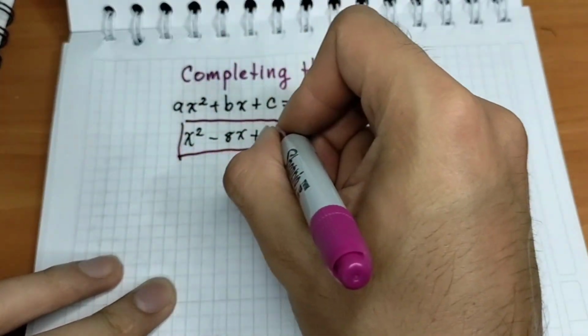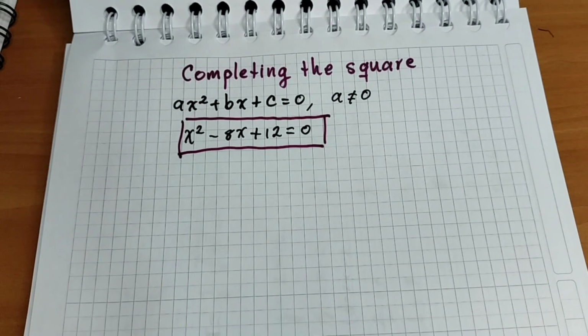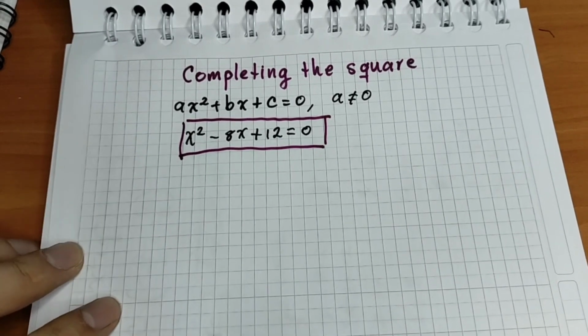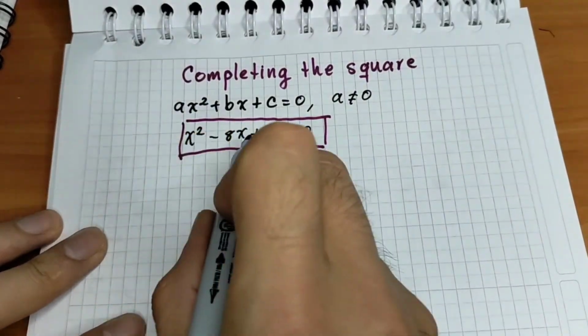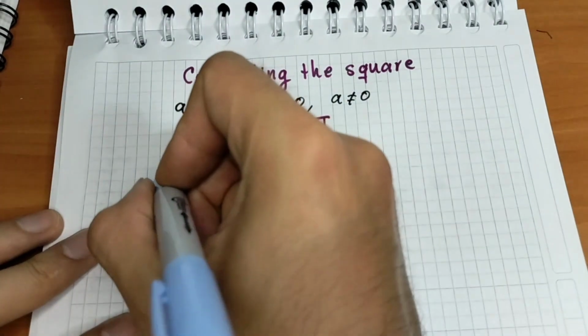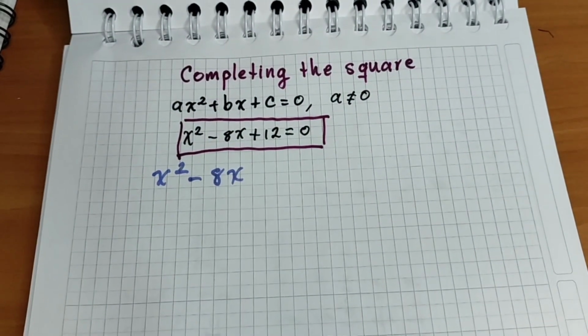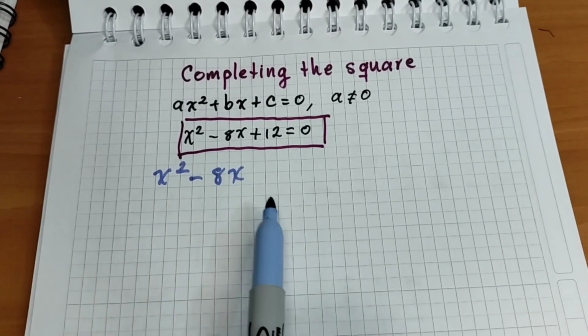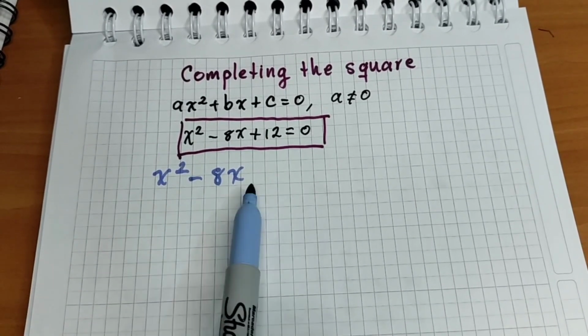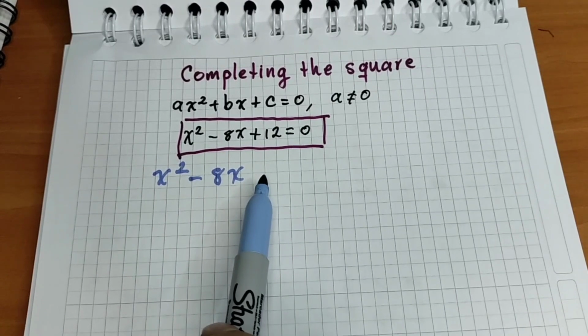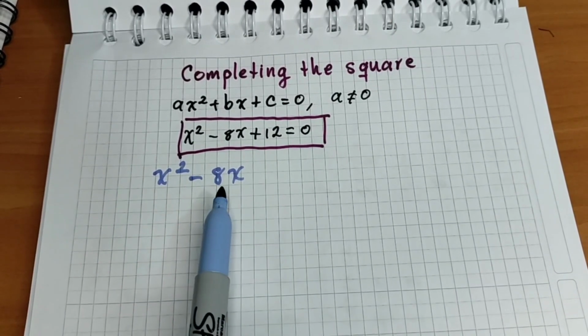In order to see an example of the procedure we have to complete to solve an expression like this using completing the square. Step number one, I'm going to rewrite the first two elements of this expression. Now I'm going to add a term that is going to complete the square and turn these two elements plus the element that I am introducing into a perfect square.